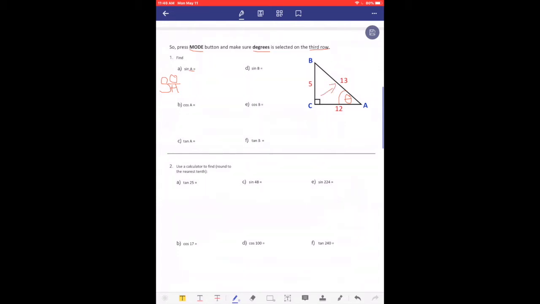The side opposite the right angle, that's my H. And then the side that's opposite or across from the angle is the 5. And that leaves the 12 as the adjacent side, the side that is next to the angle. So now setting up this portion, remember sine of A equals the opposite over the hypotenuse. So the opposite is the 5.